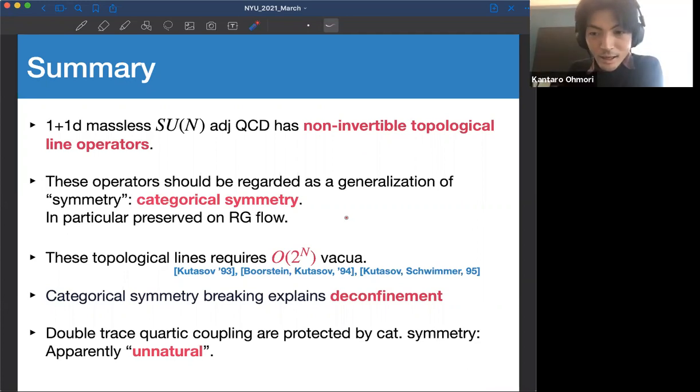Great question. Yes, it can be continuous.